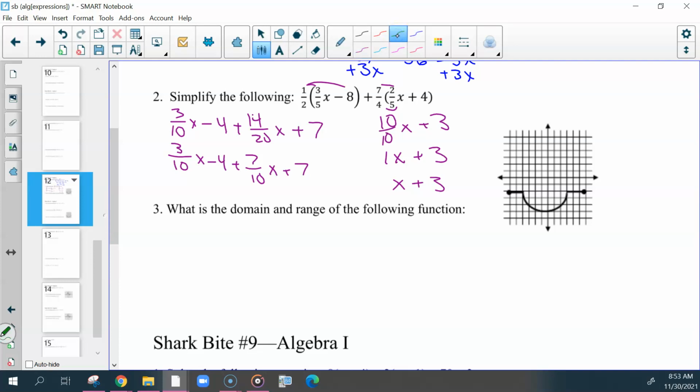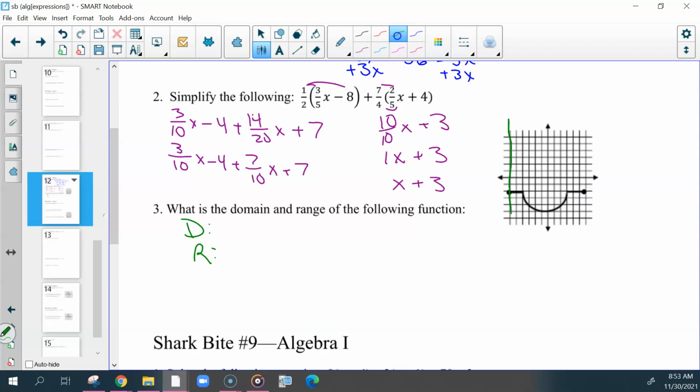Number 3, I asked for the domain and the range. What was the domain of this? Or what was the furthest point to the left? Negative 6.